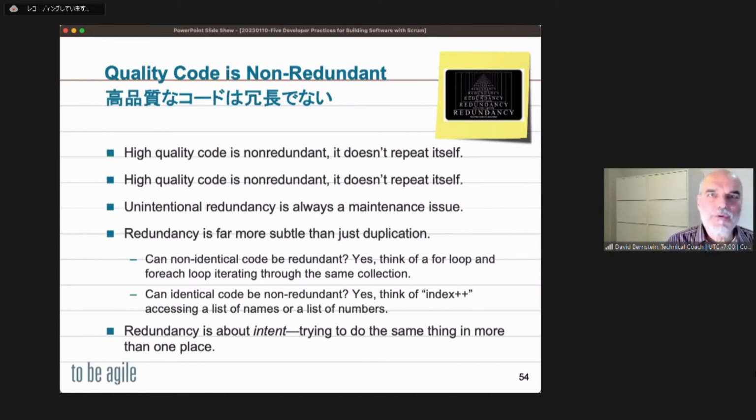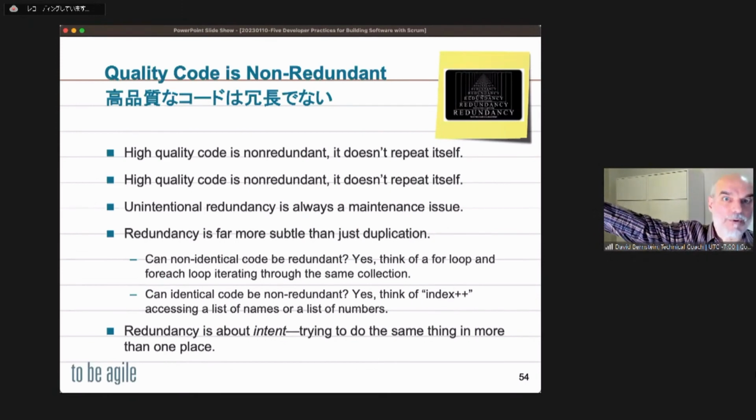When we iterate through a loop, and we're doing a for loop in one place, but a for each loop in a different place, but we're iterating through the same collection, that would be considered redundant, even though the code is not identical. And identical code, like incrementing a counter, i++ semicolon, could be there for a different purpose.